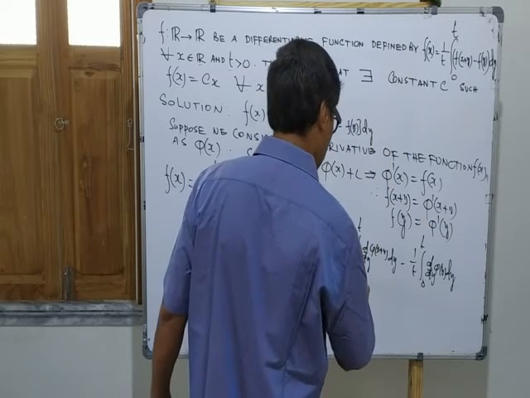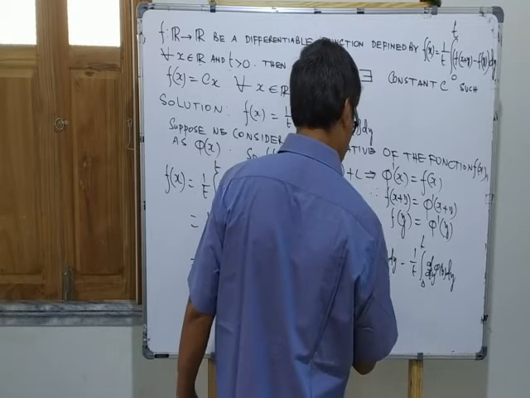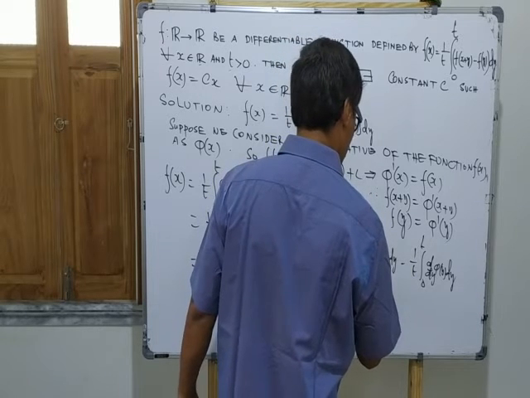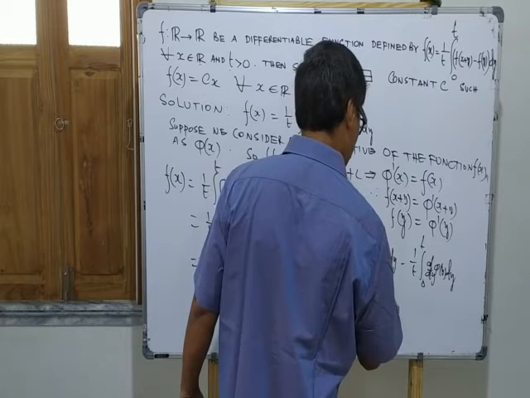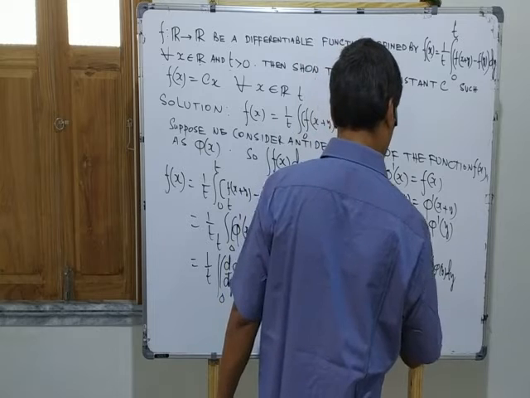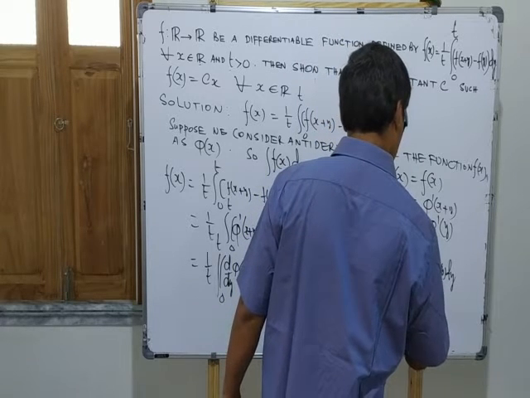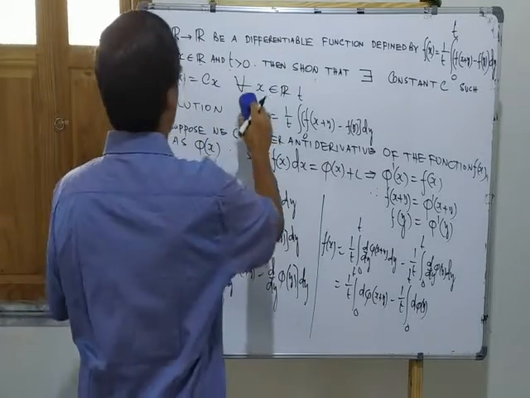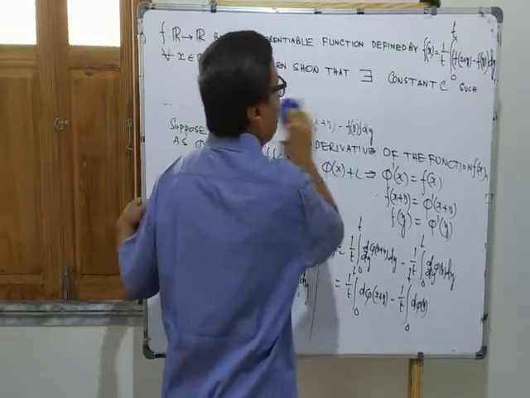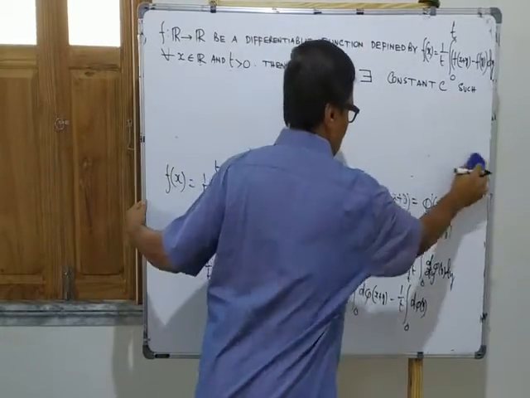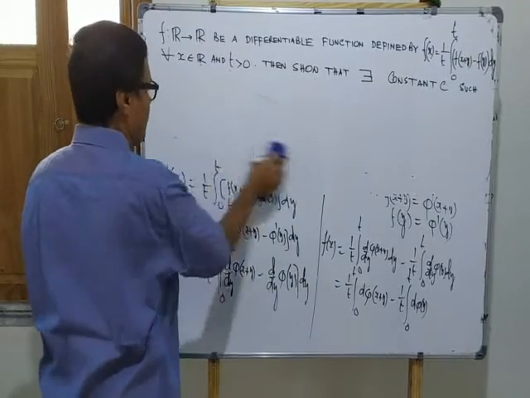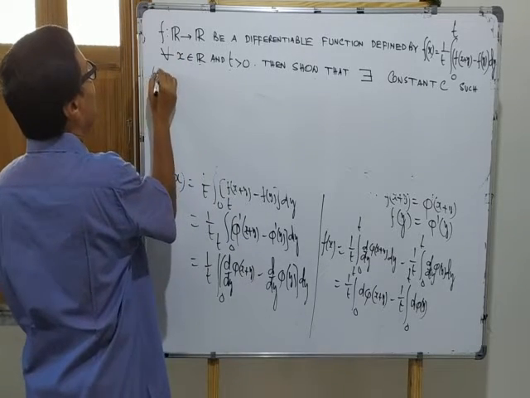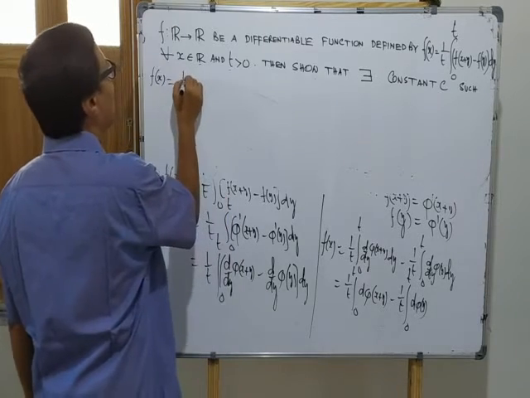So it is also equal to 1 over t integral from 0 to t of d phi(x plus y) minus 1 over t d phi(y), from 0 to t. So we have got f(x) equal to 1 over t.